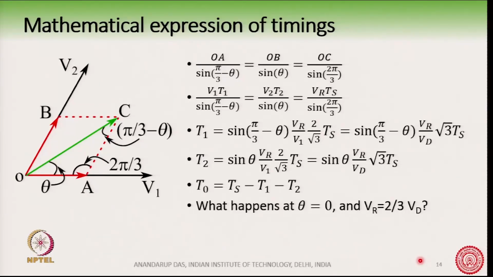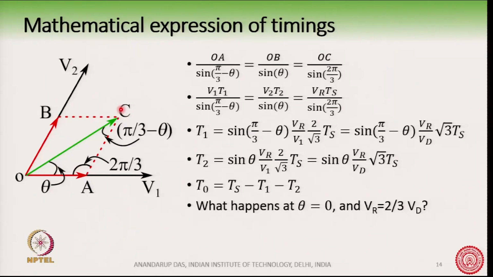Now, what is OA? As I told you, if you apply the V1 vector for T1 duration, the net volt second is represented by OA. Similarly, if you apply the vector V2 for a timing duration of T2, then OB is representing the net volt second, and OC is representing the net Vref into Ts.